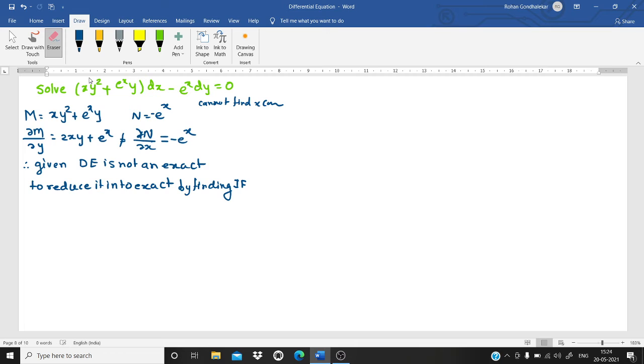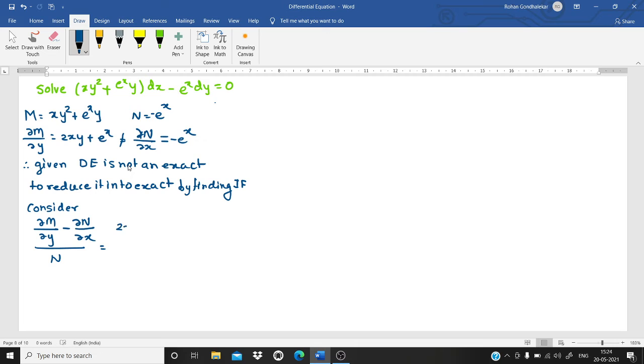Now let's go for the third rule. What is the third rule? Consider dabba m by dabba y minus dabba n by dabba x upon n. What is required here? It should be a function of x only. Is it?